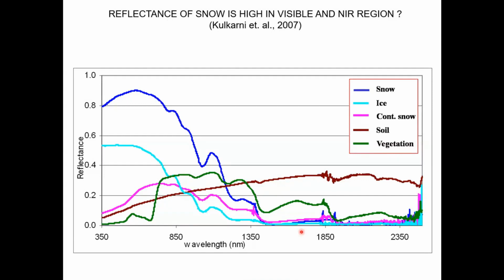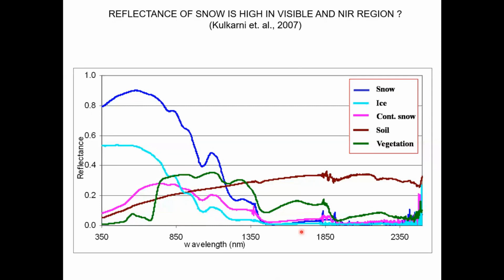So the key question is, can we exploit this typical characteristic of snow cover, where it has very high reflectance in one satellite band and very low reflectance in another satellite band. But it is also necessary for us to understand what is the reflectance curve in other land features.